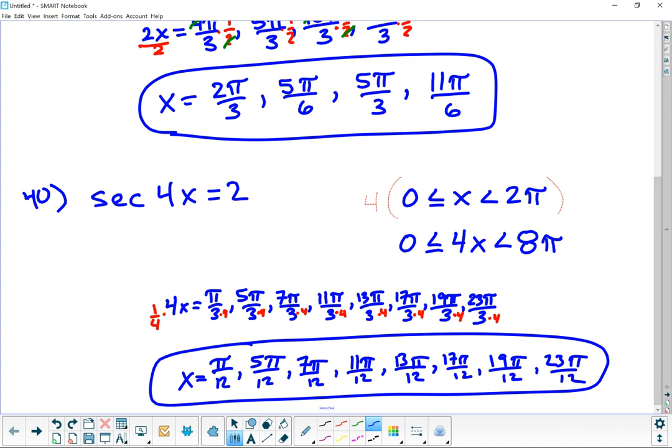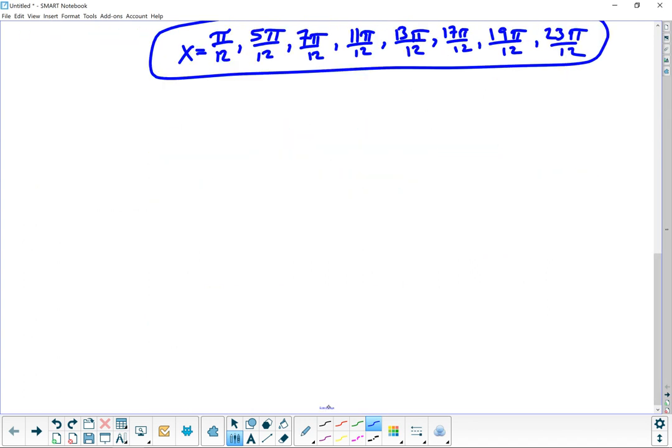Okay, that was 40. Number 41: 2 sine squared 2x equals 1.